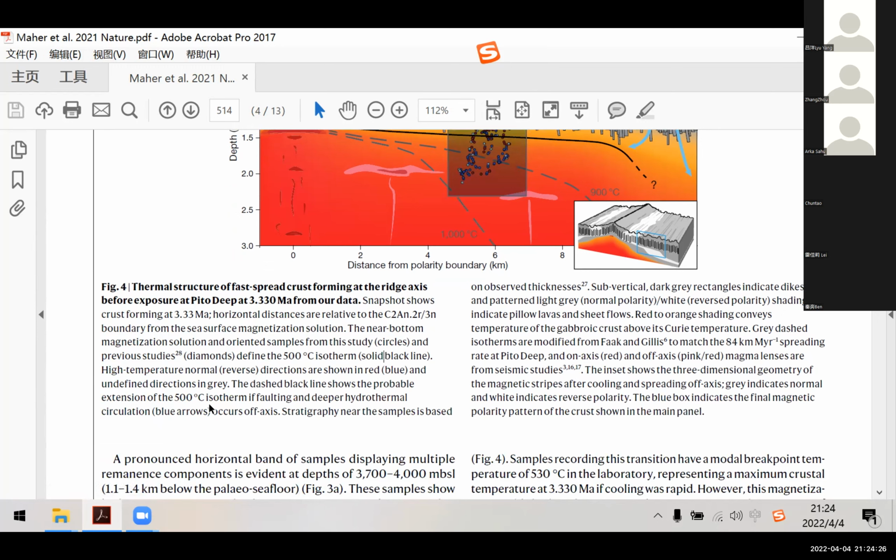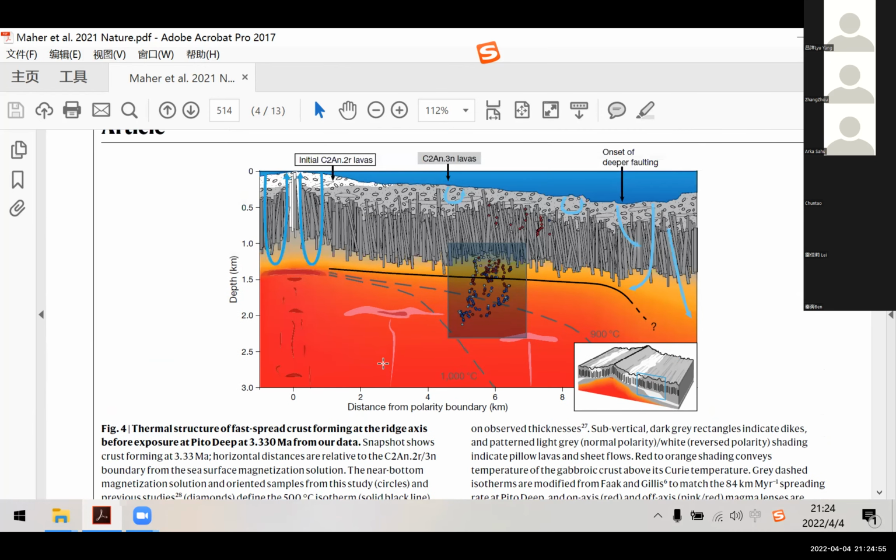Yes. Actually, what happened is that in the previous studies, they didn't take that concern. Like in the last point of my PPT, I said that they didn't consider that the release of latent heat delays the onset of conductive cooling. So that was not incorporated in fast spreading crust models. In this model, they used it.